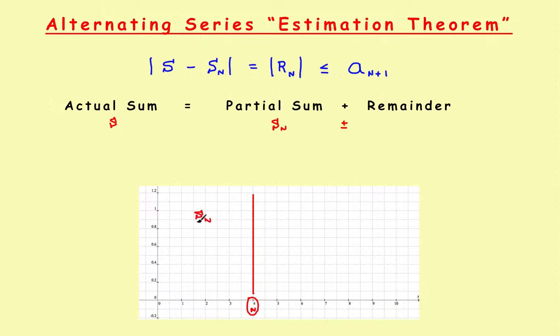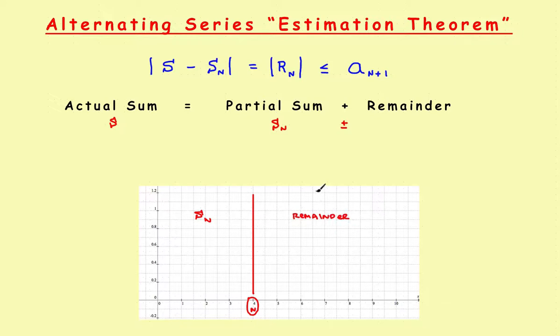That's the sum of the first 4 terms. But the actual sum consists of the sum of the first 4 terms plus all these other terms. All these other terms considered together are what's called the remainder. So it should make sense that the actual sum will consist of this partial sum plus or minus the remainder. It could be positive or negative.